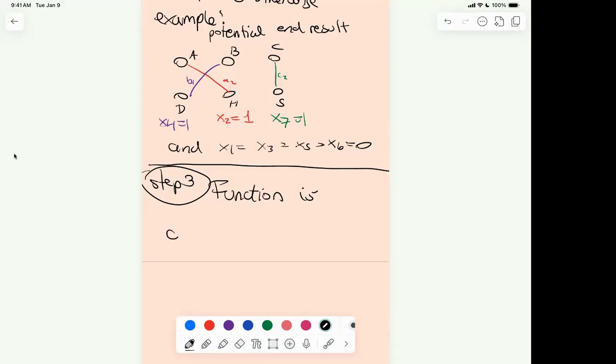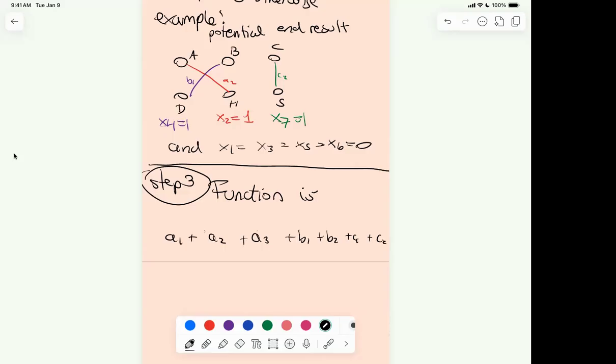You would think that maybe what you want to maximize is A1 plus A2 plus A3, plus B1 plus B2, plus C1 plus C2, right? This is the total amount of money you could make if you got paid for all the edges. The point is that you are not going to be paid for all of them because you started with 7 edges, but you can only do 3 matchings.